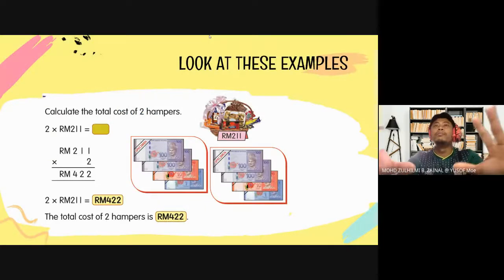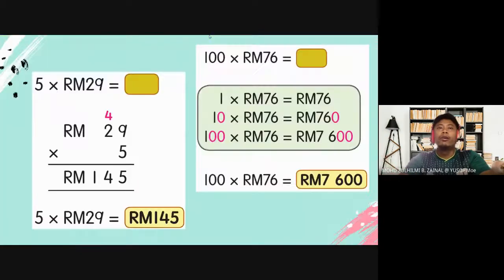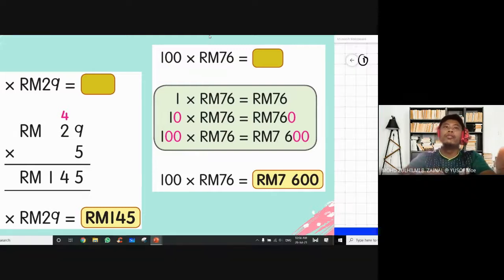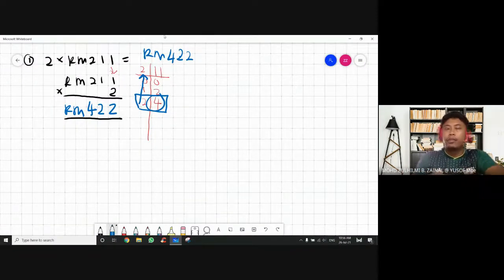How to simply calculate. For a question like this, very easy because the number is very small. How about this one that involves regrouping? If there is regrouping, look at the second example. 5 times 29 ringgit.